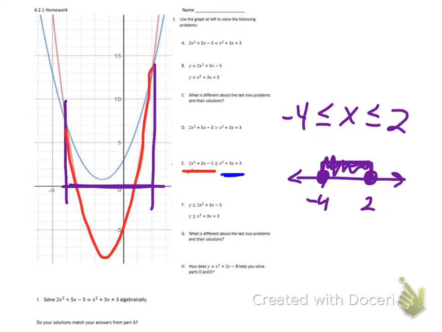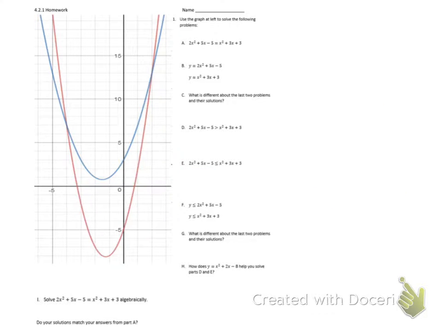Problem F then is now a system of inequalities. Notice that there are x's and y's in both of these, compared to these two when there was just one variable. Since there are x's and y's, just like in the problem up top where I needed coordinate points as my solution, I'm now going to have coordinate points as my solution here.